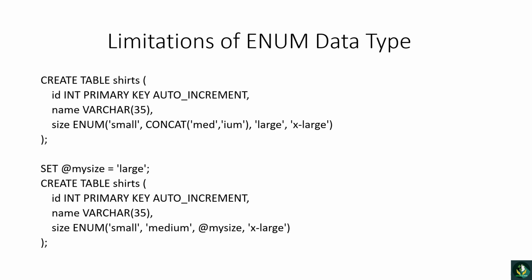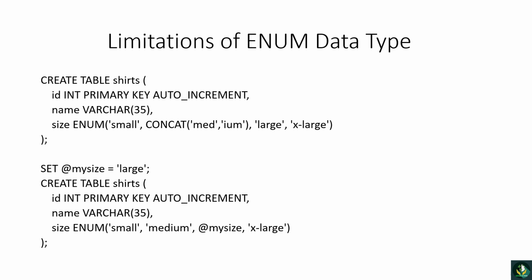We also cannot use a user variable as an enumeration member, as you can see here. It is recommended that we should not use numeric values as enumeration members, and it is complex to get complete information of the enumeration list because we need to access the information schema of the database.